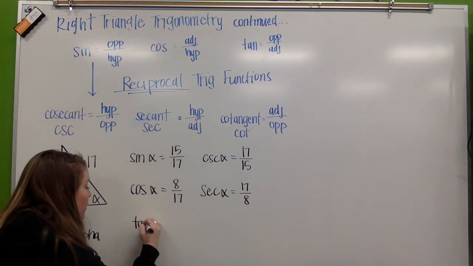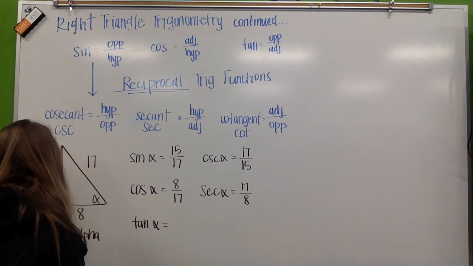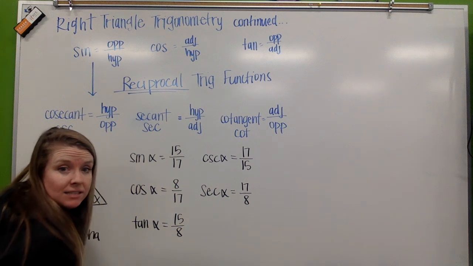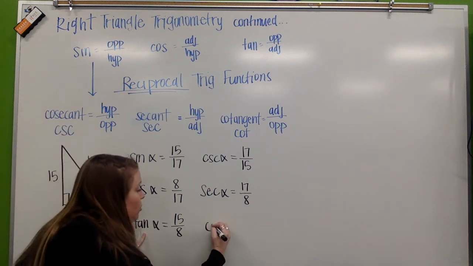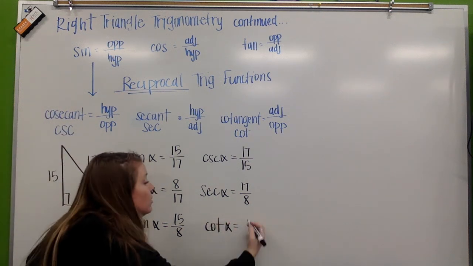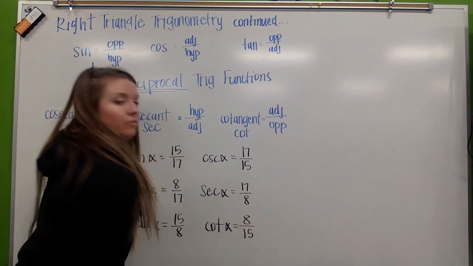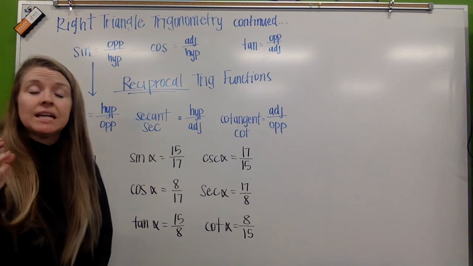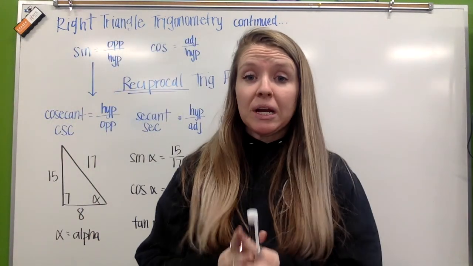Tangent of alpha is going to give me opposite over adjacent, so that's 15 over 8. And its reciprocal is cotangent of alpha, which will be 8 over 15. Okay? Not bad.